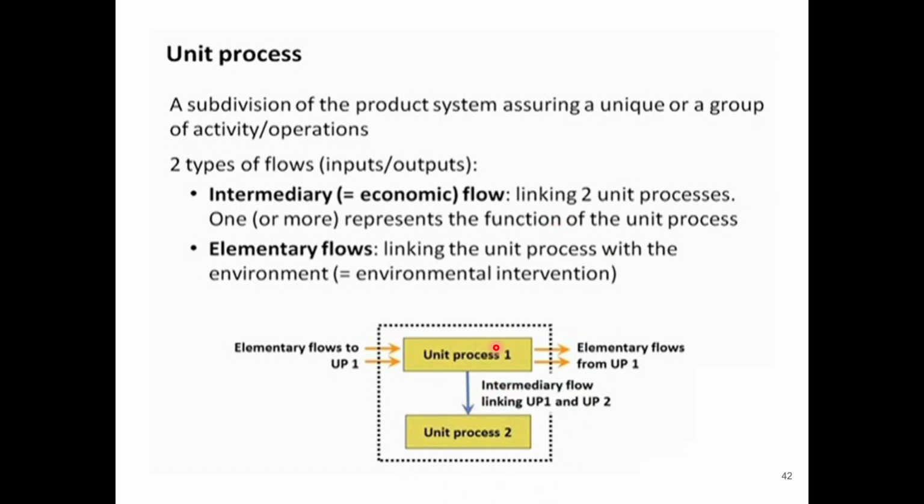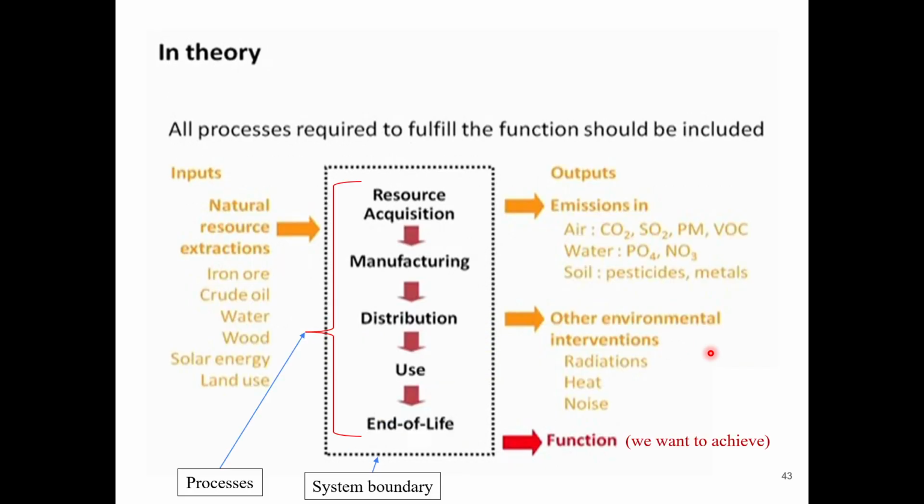As you can see in this example, unit process 1 to unit process 2, this is the intermediary flow linking UP1 and UP2. And this is the elementary flow to UP1 and elementary flow from UP1. So this is inflow, this is outflow, both from and to the environment. That is the elementary flow, as we also discussed initially.